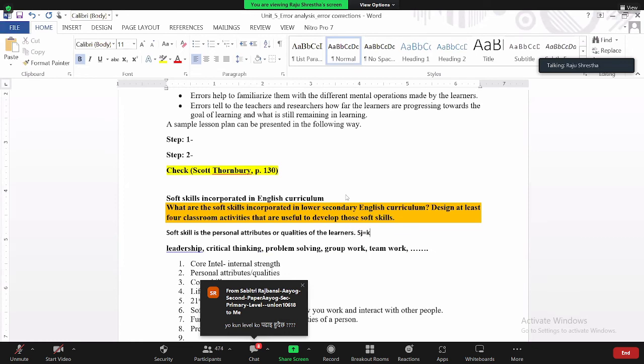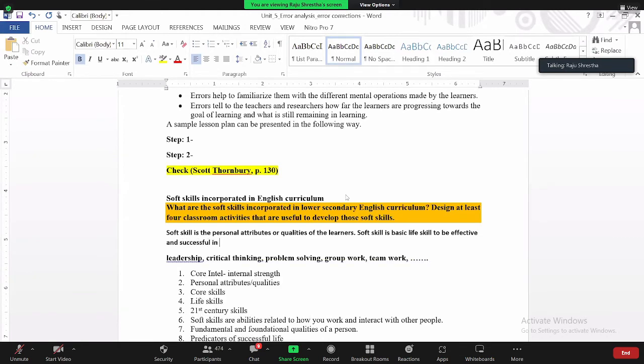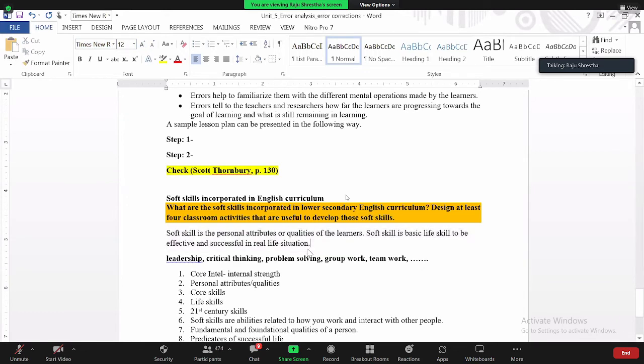Soft skill is a life skill, a basic life skill to be effective and successful in real life situations.